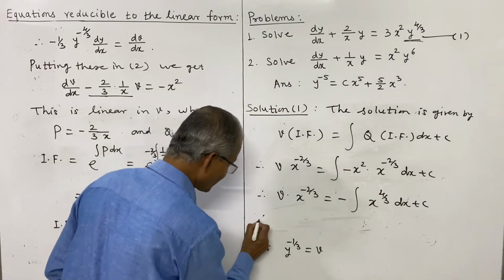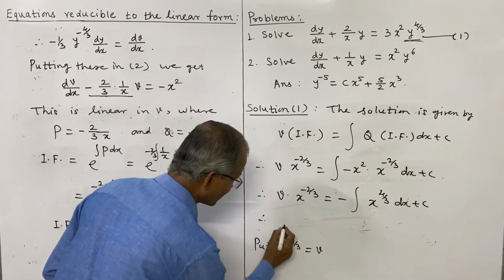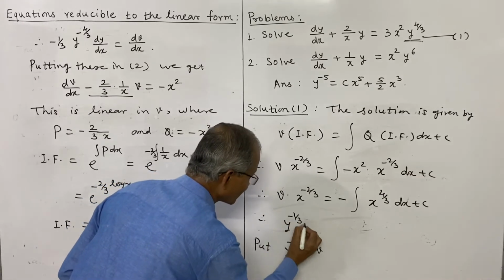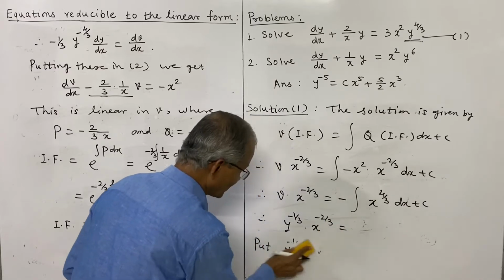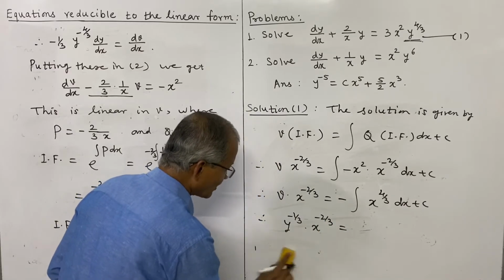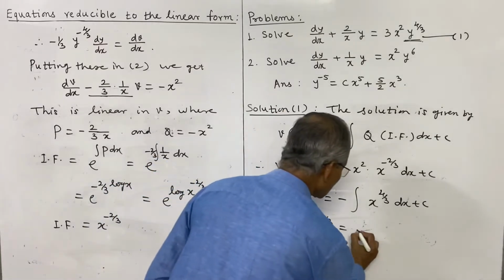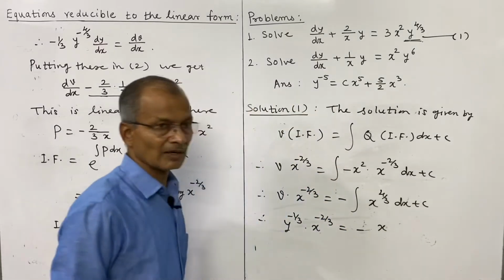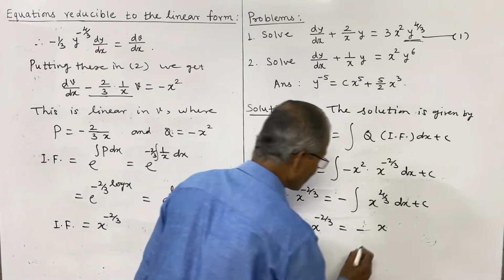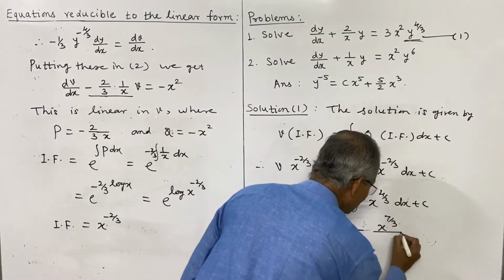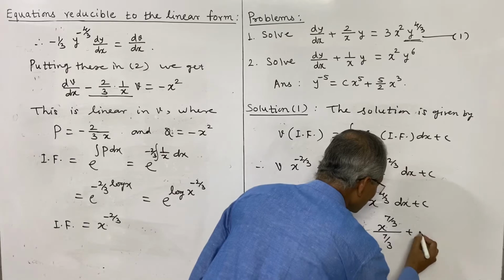So v is y to the power minus 1/3, x to the power minus 2/3, and is equal to the right side minus the integration of this: 4/3 plus 1, that is 3 by 3, 4 plus 3 is 7 by 3, divided by 7 by 3, plus constant.